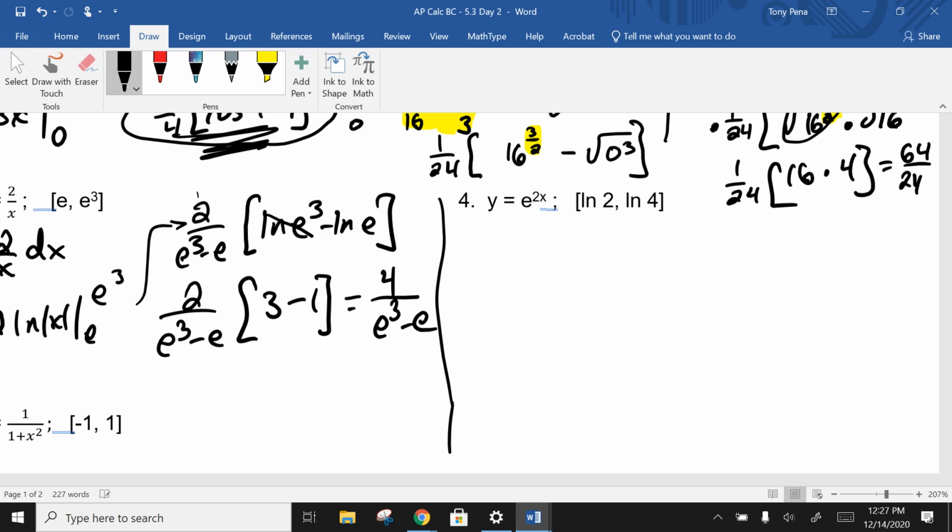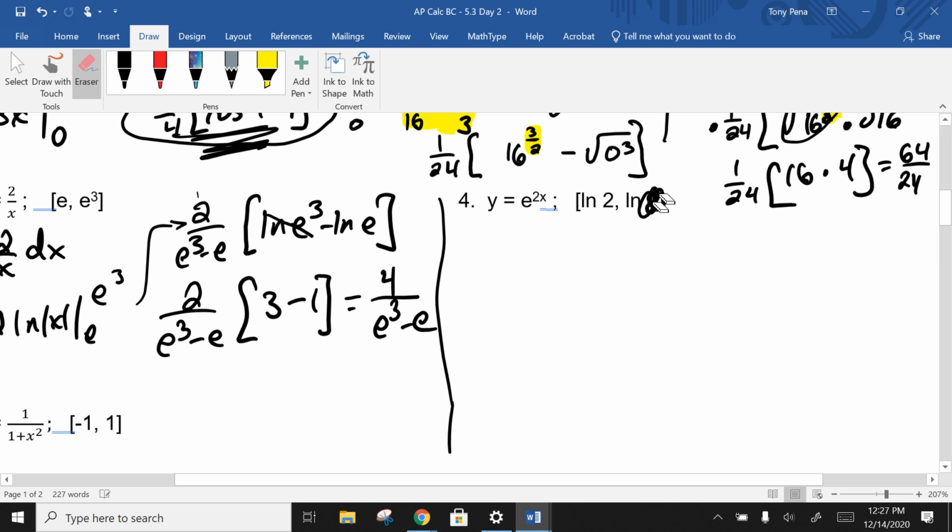Actually, stop. Don't go any further. Do me a favor, because I don't want people to get lucky and then not understand but still get the right answer. Change this to a natural log of 8. Change this to an 8.